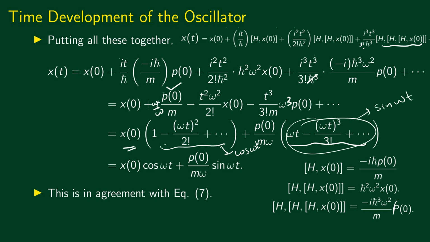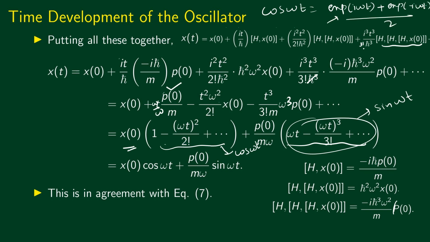Alright. Of course, you can show that these are the correct series expansions from the expansions of exponential i omega t and exponential minus i omega t. Because for example, cos omega t can be written as exponential i omega t plus exponential minus i omega t divided by 2.